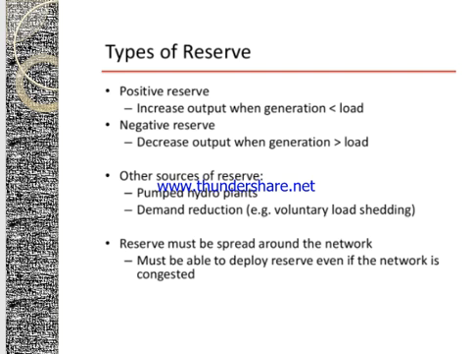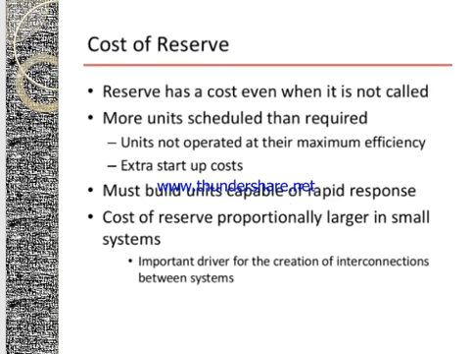There are also different types of reserve, like positive reserve, which increases the output when the generation is less than the load, and negative reserve, which decreases the output when generation is greater than the load. Other sources of reserve are pumped hydro plants and demand reduction, and the reserve must be spread over the network, able to be deployed even if the network is congested. These are the different types of reserve which you have to consider.